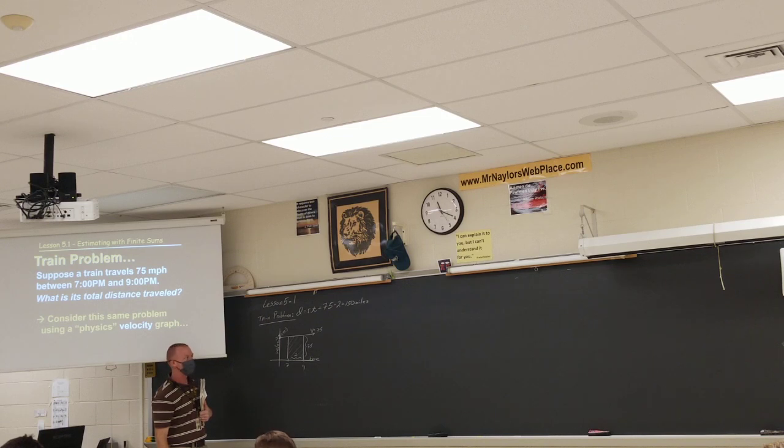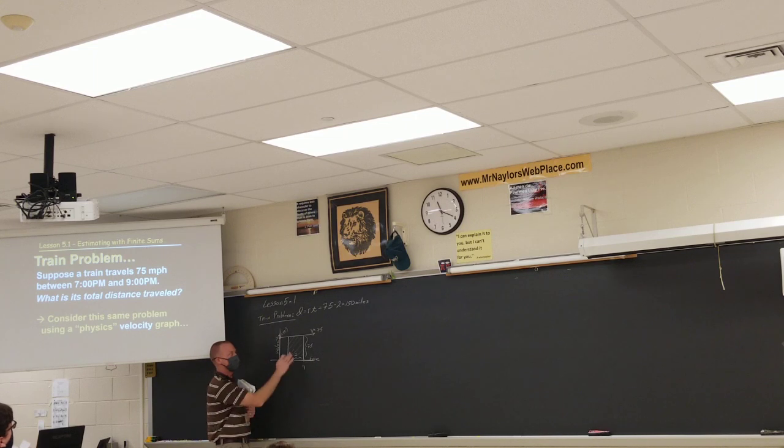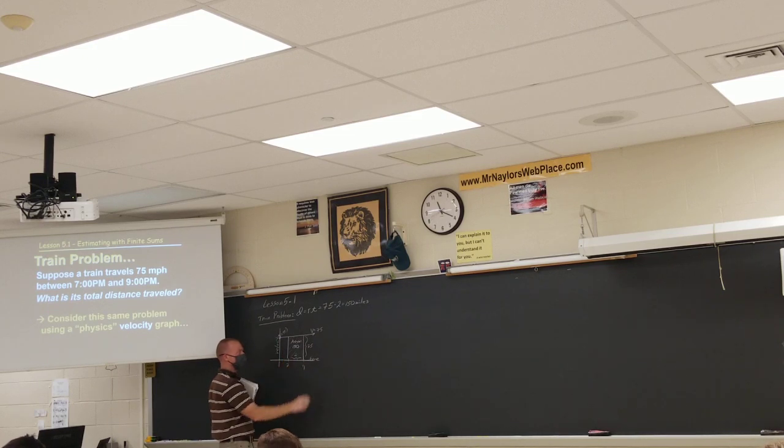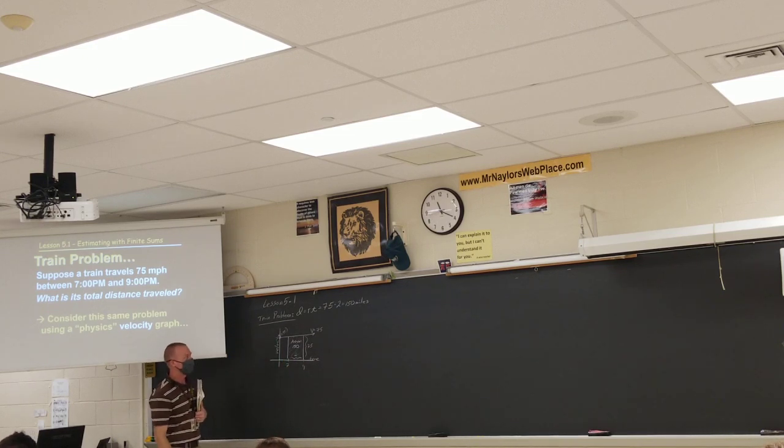And so we're just trying to say area is important. Area is important because, yes, the area under this curve is definitely length times width. It's 2 times 75. And of course, I know you saw that a moment ago as the same thing as our distance traveled.